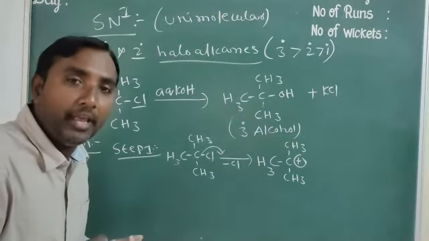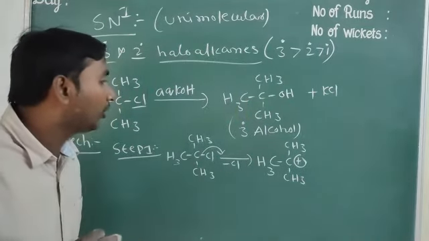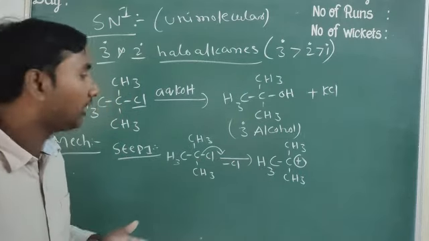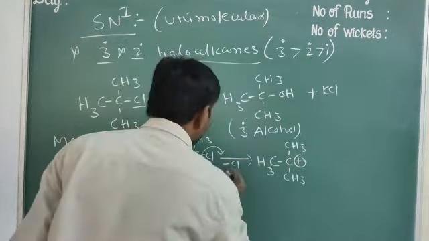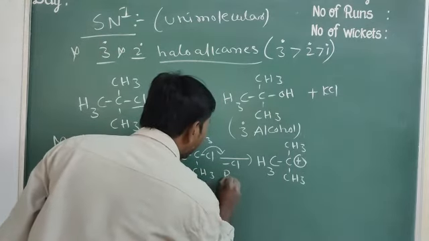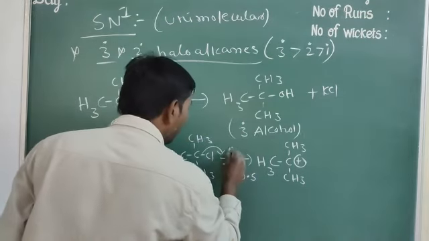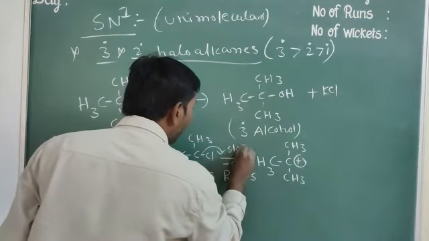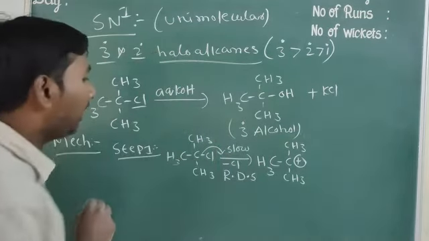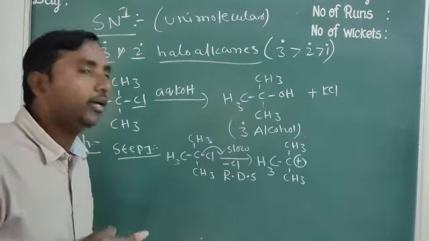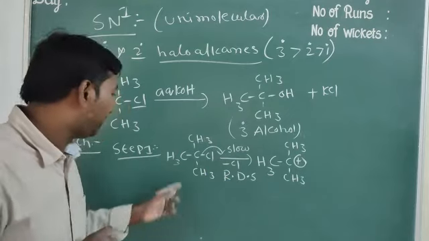Leaving group elimination and tertiary carbocation formation is called the rate determination step, RDS. This step is also called the slow step. You already know this from chemical kinetics: the slow step is the rate determination step.